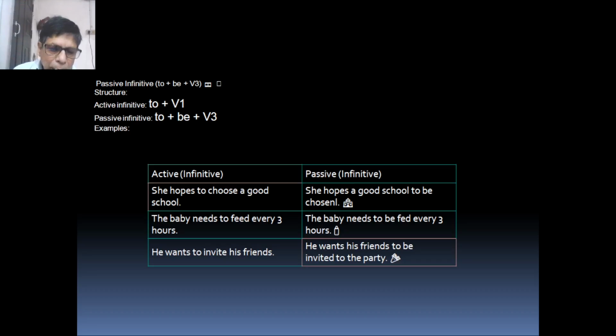So he wants to invite his friends. The passive form is he wants his friends to be invited to the party. This can be given or this is actually understood or silent.